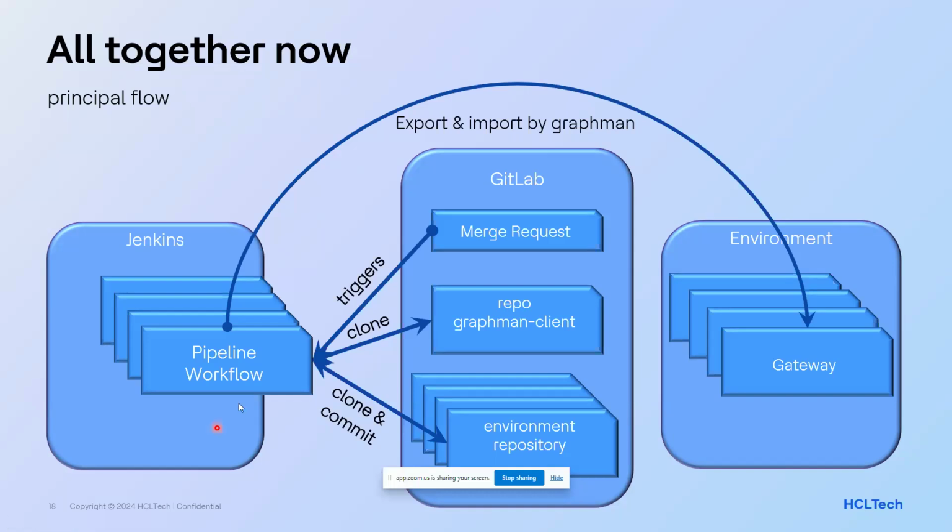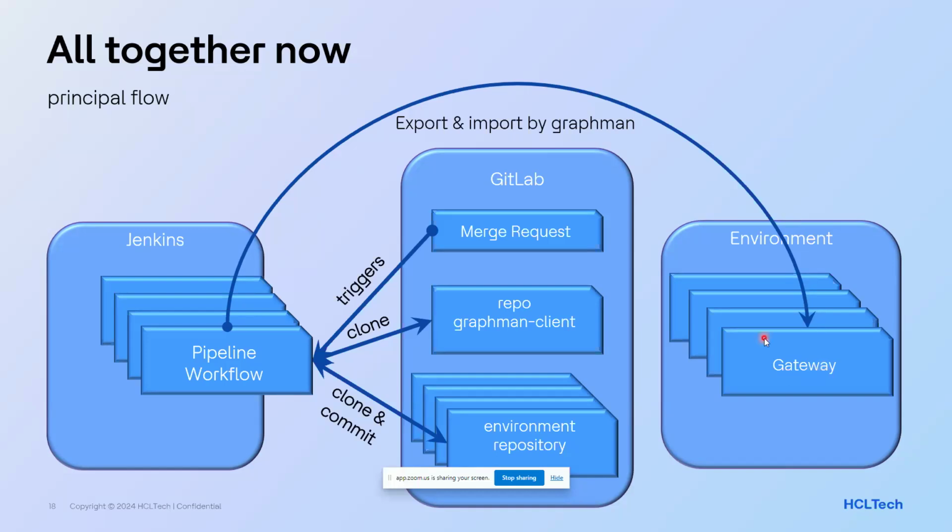When initiating a deployment, you have a merge request, and depending on the activity on the merge request, this triggers pipelines in Jenkins, which will clone the Graphman client repository from GitLab to have the Graphman client available, as well as environment-specific repositories, depending on what deployment is currently worked on. And the pipeline itself is, of course, using the Graphman client to export data from gateways and to import data to gateways. So this is, at a high level, how it works more or less.